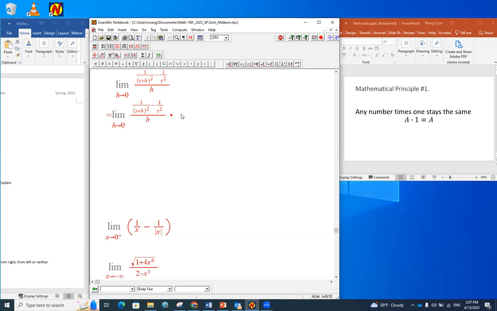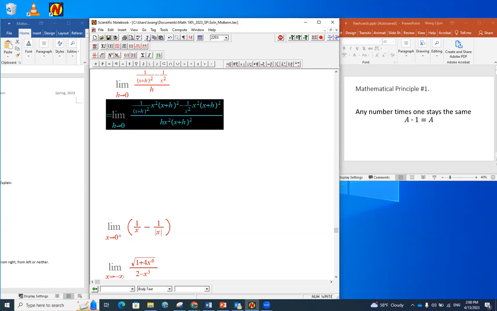Whoops. Wait. Okay, denominator times denominator, numerator times numerator. So there's a distribution here. And simplify.